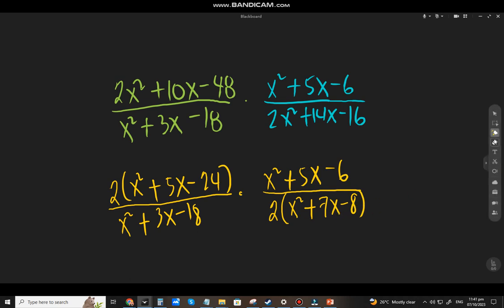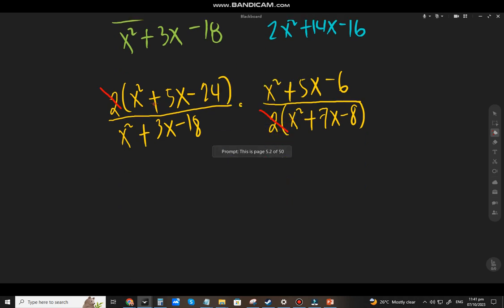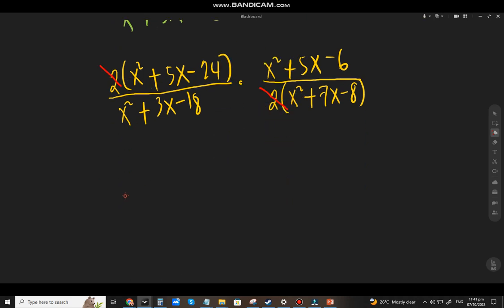As you can see here, we can already cancel the 2. So we're just left with x squared, and we're going to factor those terms. So there's no more 2 here, and it's simpler. The trinomial is no longer a greater than 1.